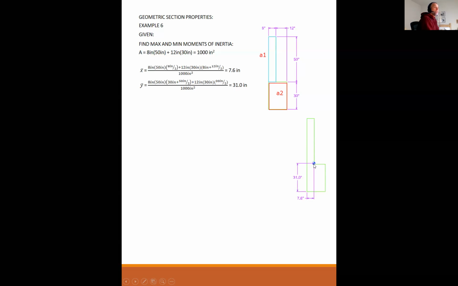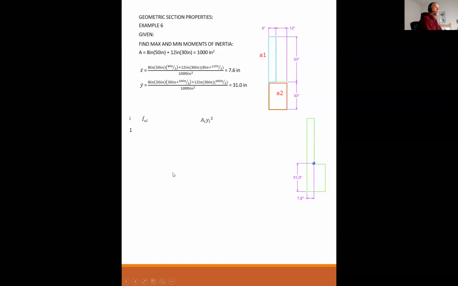Okay, so here is the center of gravity for the whole section: 7.6 inches over, 31 inches up. And I'm going to create this little table. I'm going to create the part number, the moment of inertia in the x-axis, and the parallel axis theorem, which is the area times the distance squared.